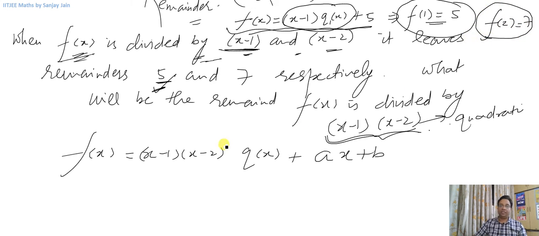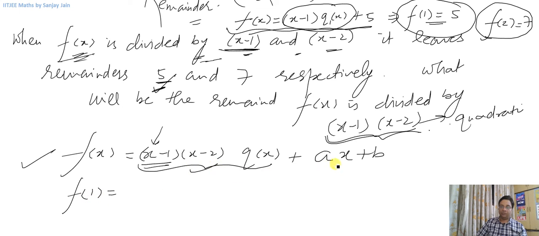Right? Once I know this much, now let us focus on this. F of 1: when I put x equal to 1 here, this bracket will become 0, hence this entire term will become 0. So f of 1 will be equal to 0 plus a plus b, a plus b. And what is it equal to? F of 1 is equal to 5. So this gives me my first equation.